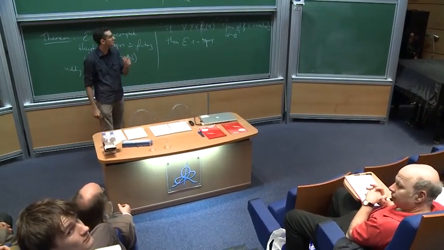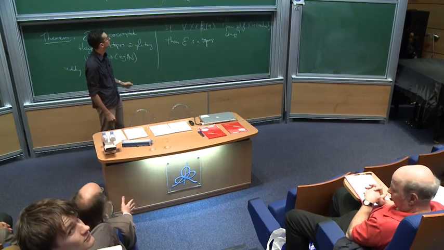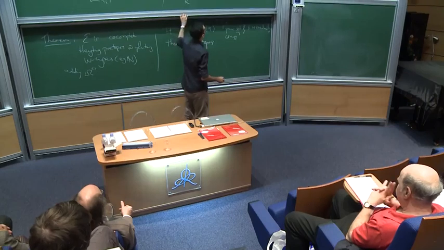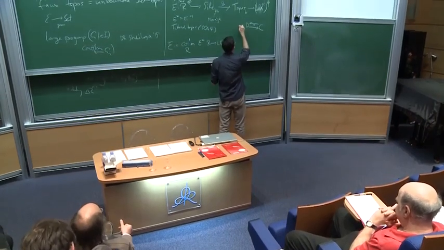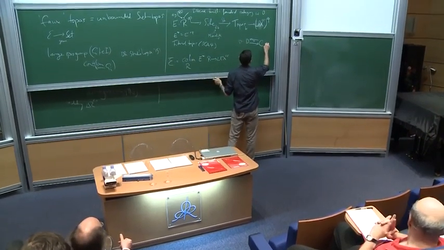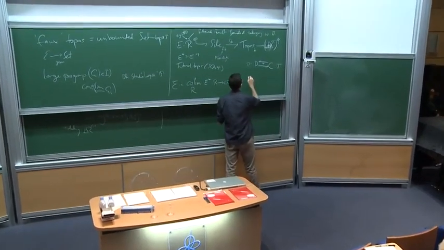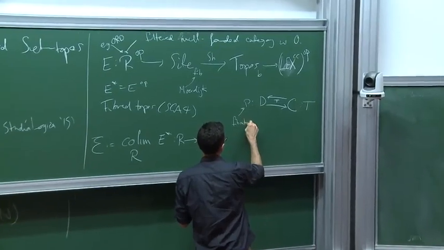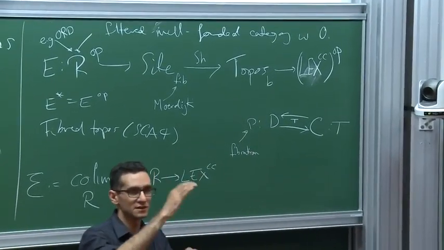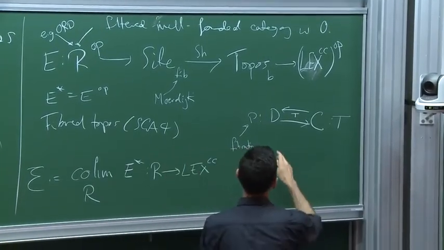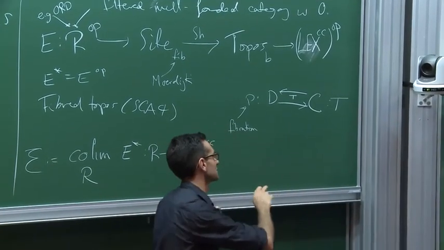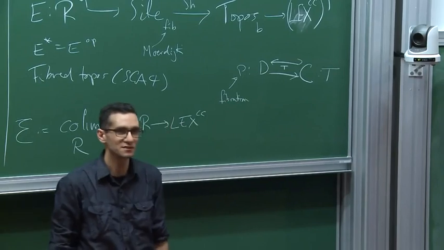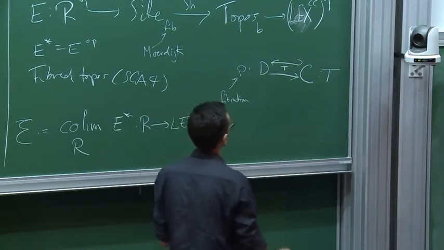Can you recall what was the notion of fibration of sites? Yes. So P is a fibration of categories, with Cartesian lifts and so on. It is left adjoint to a fully faithful functor going in the other direction.